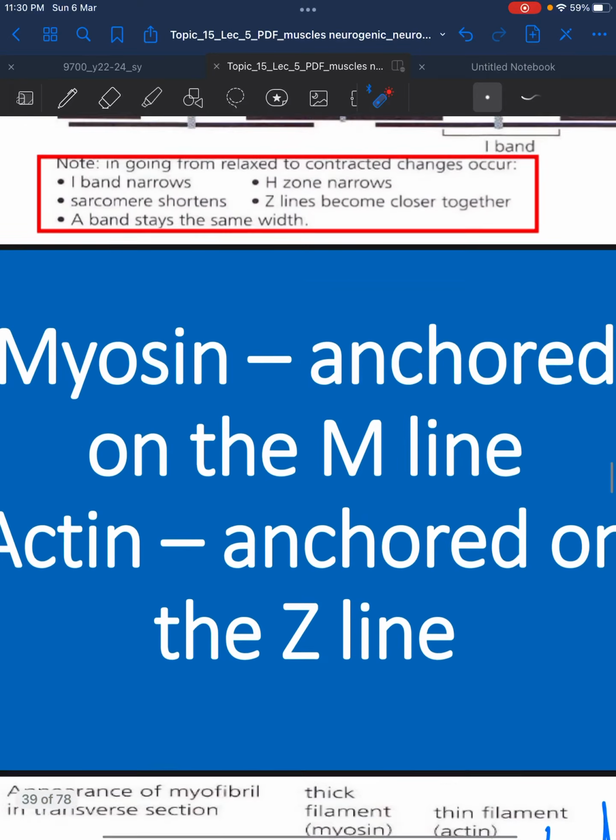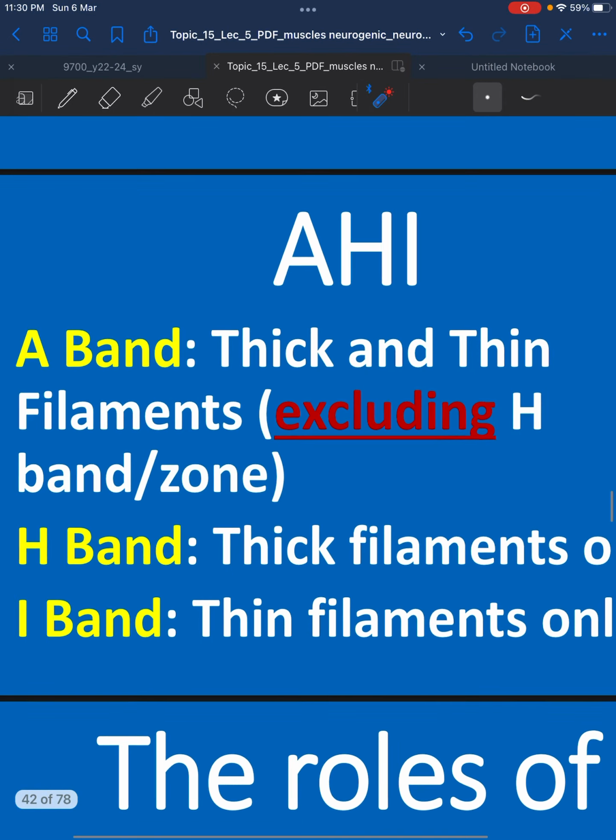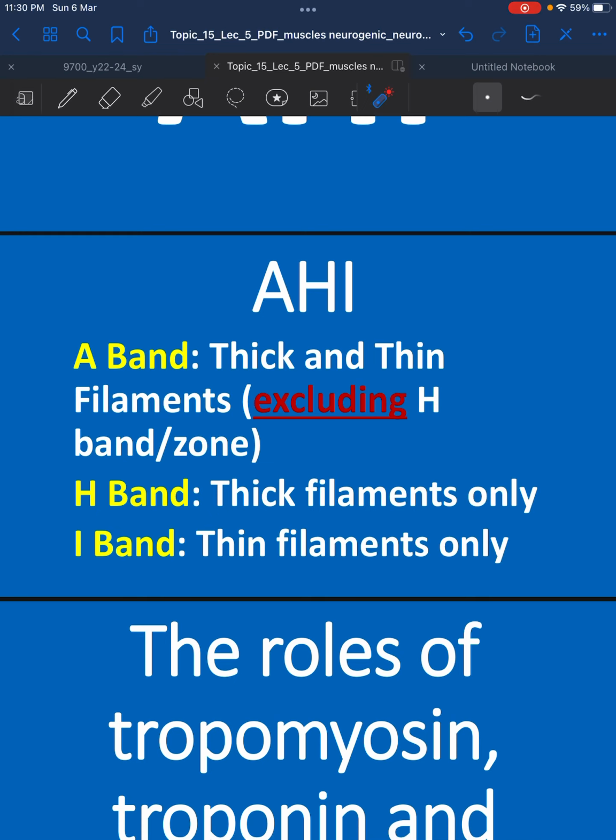Okay, so that's why I wrote down here the A band thick and thin filament, excluding the H band or the H zone. The H band thick filaments only, I band thin filament only. So make sure you know thick means myosin. Okay, the thin is actin. Okay, likewise the thick here is myosin, the thin is actin.